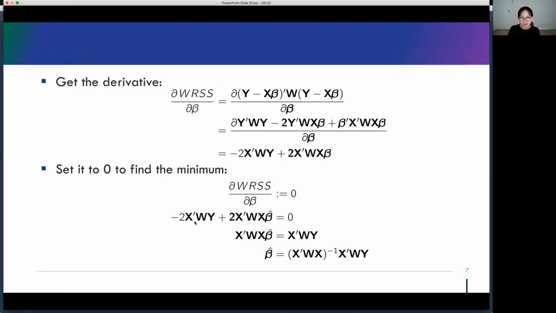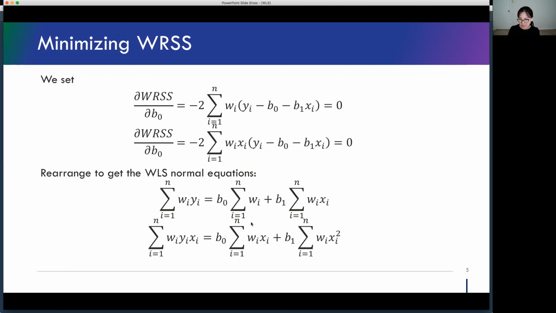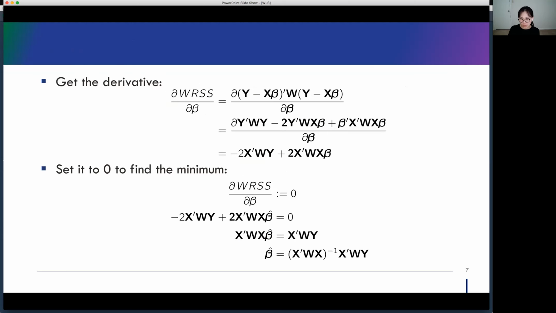Okay, I put everything in matrix format, because some people might find this a bit messy, and especially if you do more theoretical study, you might prefer this notation with everything in matrix and vector format. Again, we just take the derivative of this matrix multiplication.